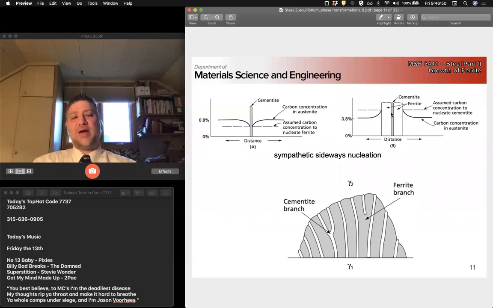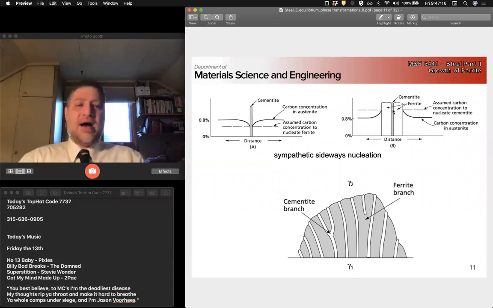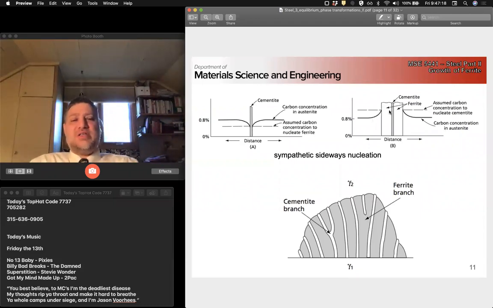The same thing if I'm growing, so now I nucleate ferrite on either side of my cementite. As my ferrite grows, I partition carbon out, and eventually my carbon concentration locally gets high enough that I nucleate new layers of cementite, right? And how fast it takes for this carbon to diffuse is going to be dependent on the temperature and the alloy composition, right? And that's what's going to set up my spacing.